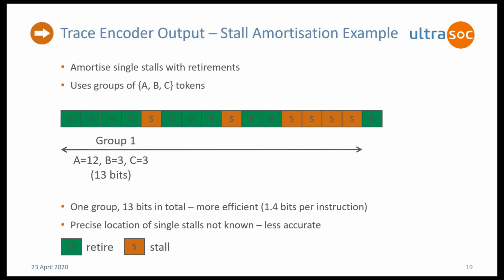So for the same sequence of instructions, we can trade off the efficiency for accuracy by amortizing the stalls. So then we look in here at this entire group, and we can see that altogether we retired 1, 2, 3, 4.